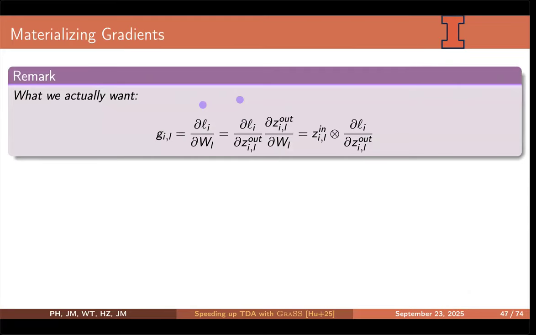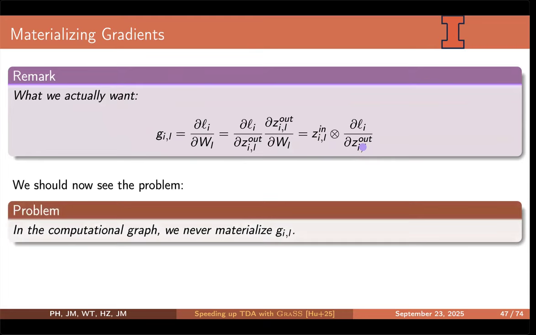And again, what we actually want is the gradient for the layer. So this is the gradient with respect to the layer parameter, which is the input times the gradient with respect to this layer's output. If you notice this, then you should see the problem now. The problem is that in a computation graph, when we are doing forward-backward passes, we never materialize GIL.